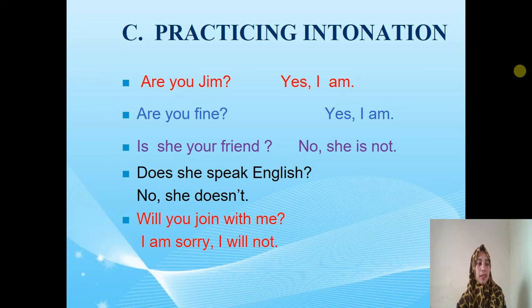Practicing intonation. Intonation is divided into two: rising intonation and falling intonation. Rising intonation means that the pitch of the voice goes up.